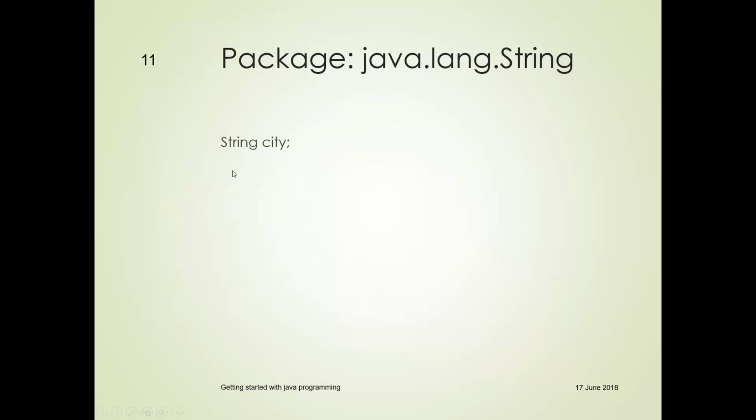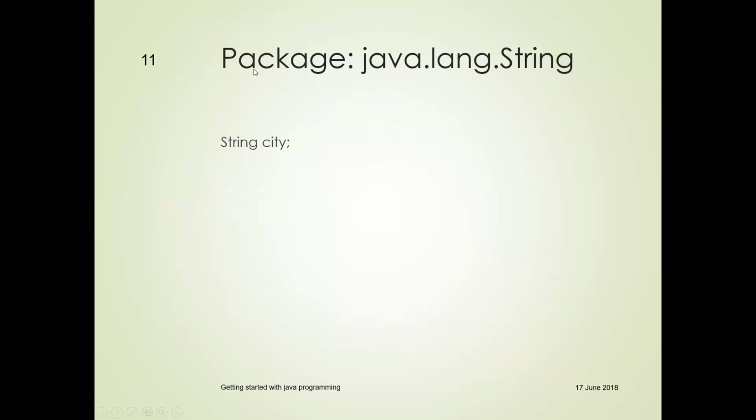The String class resides under a folder called lang, and the lang folder is under the folder called java. So the top folder is java, under that we have lang, and under that we have a class called String. This complete path is known as a package.